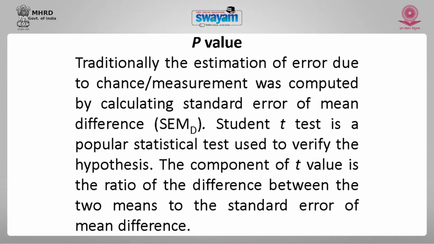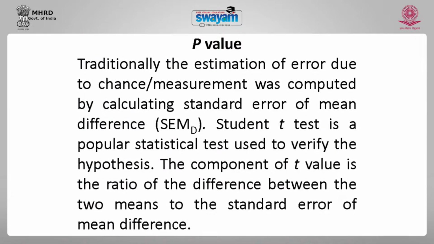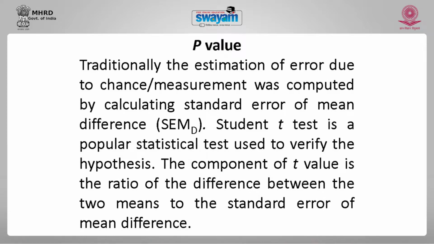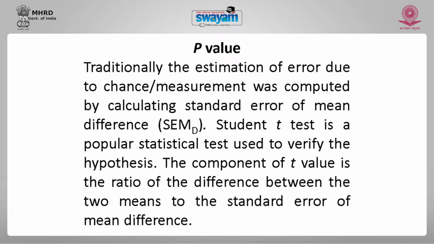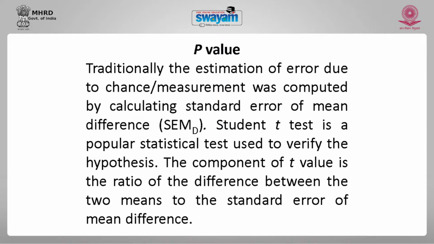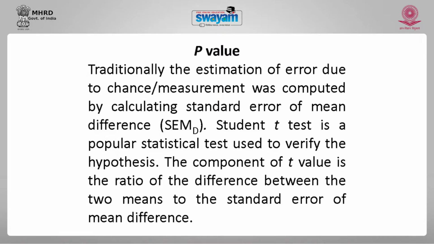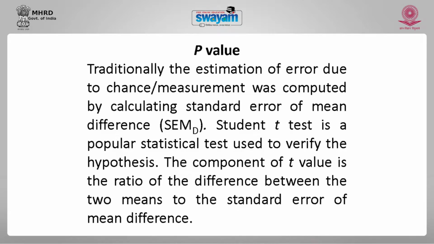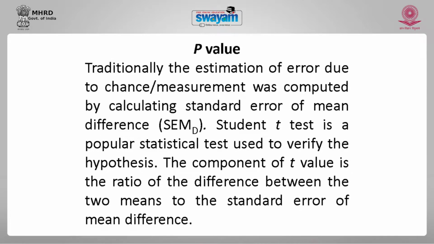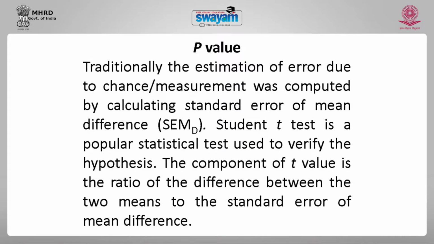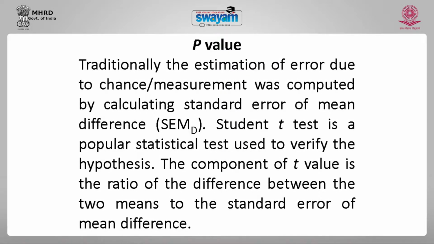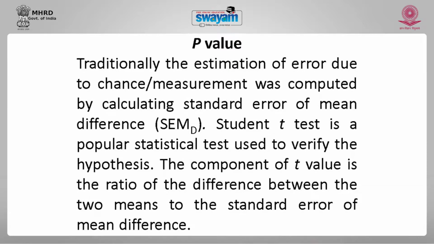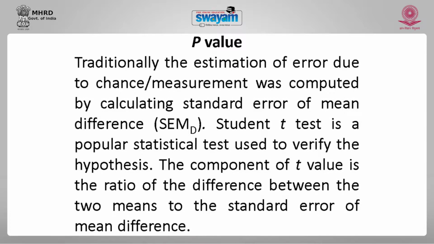Traditionally, the estimation of error due to chance or measurement was computed by calculating the standard error of the mean difference. The Student t-test is a popular statistical test used to verify the hypothesis. The t-value is the ratio of the difference between the two means to the standard error of the mean difference.